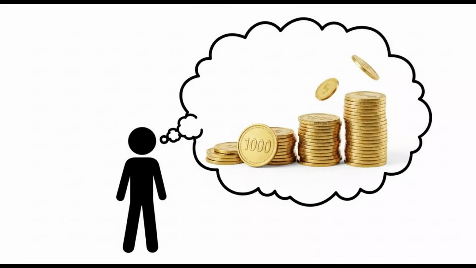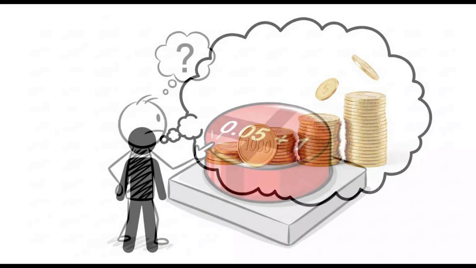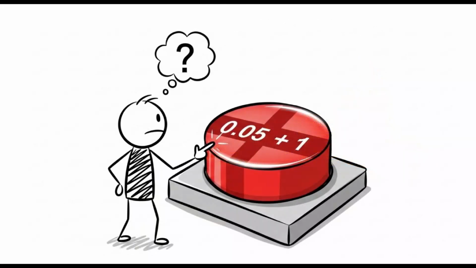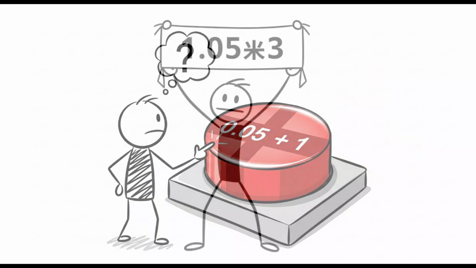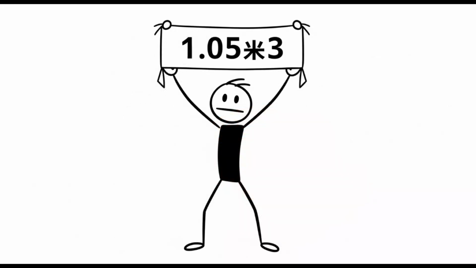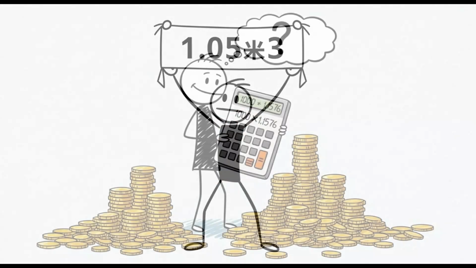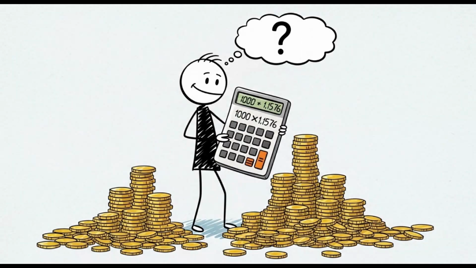Next, raise it to the power of 3. That equals 1.157625. Multiply by 1,000 and you get about $1,157. The extra $157 is your earned interest. Notice how it is slightly more than simple interest, which would have been only $150.